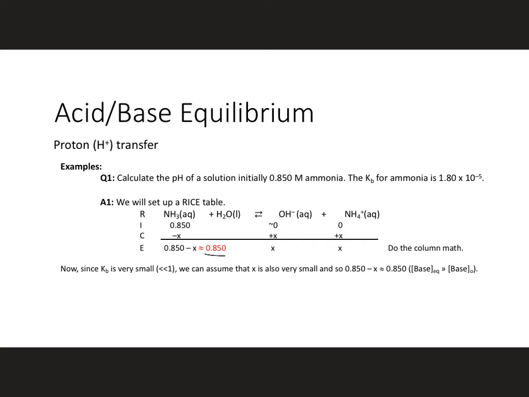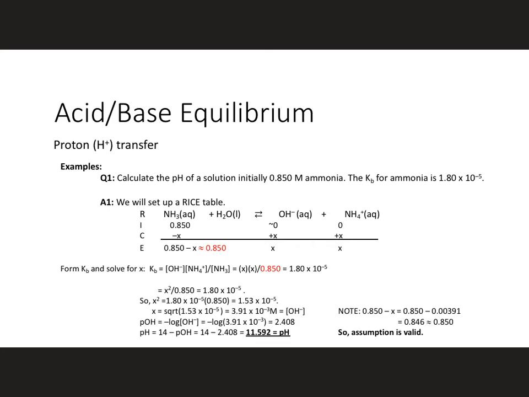Making that assumption, here's our new equilibrium values. We plug that into the Kb expression, and we can solve for x, which is our equilibrium concentration of hydroxide. Solving for x eventually gets us here: the hydroxide concentration is 3.91 times 10 to the minus third.